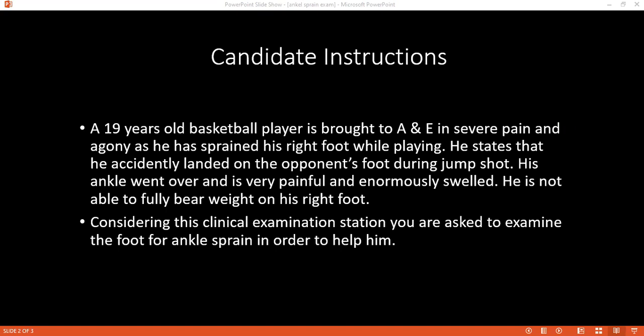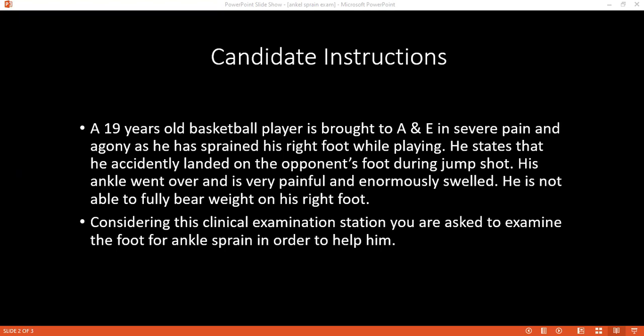Then movements. I will start assessing the movement, plantar and dorsiflexion, active and passive, and eversion and inversion only passively. And then I will ask the patient to sit on the couch with his knee out and do a squeeze test for the Achilles tendon. Normally there should be plantar flexion if it is intact.